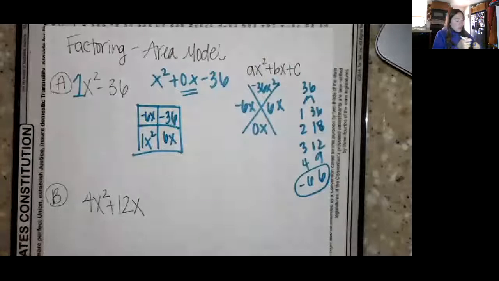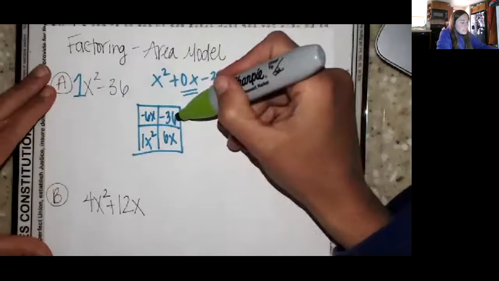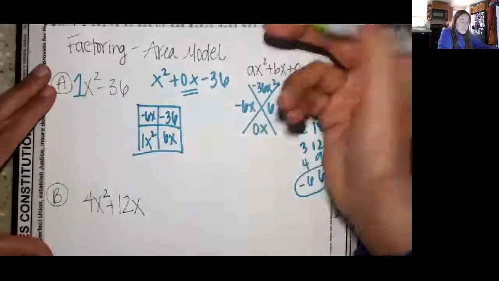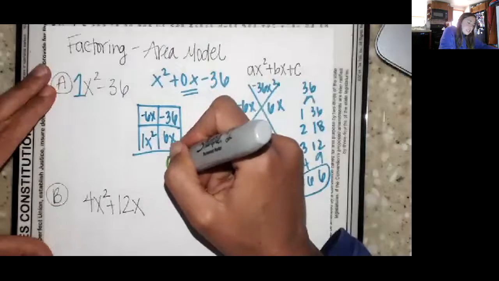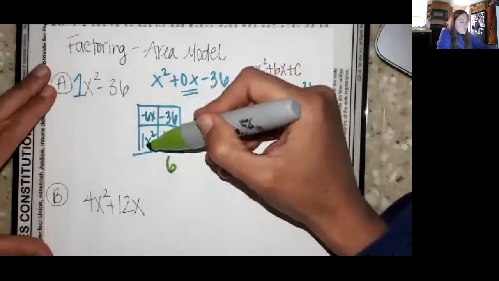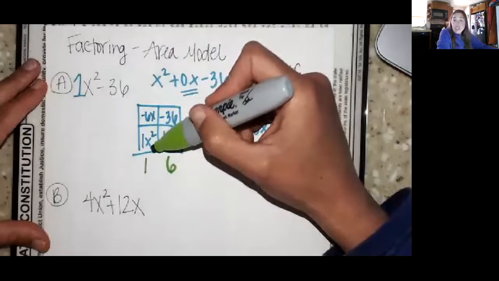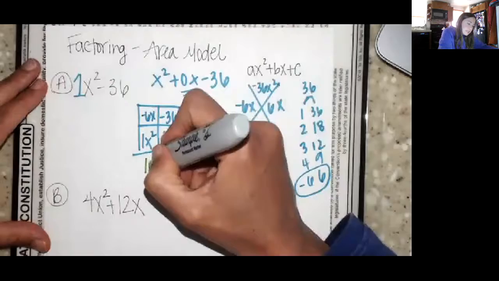All right, so when we go ahead to set up the factors, we are going to pull out a greatest common factor of each row and column. So in this problem right here, the negative 36 and the 6, the greatest common factor of both of those is going to be a 6. Greatest common factor for this column, 6 and 1, is going to be 1. But I don't know if you noticed, both of these do share a factor of x, so I'm going to pull down that x.